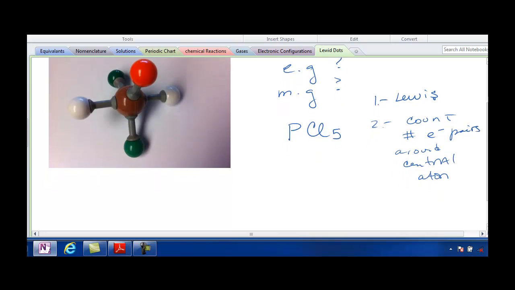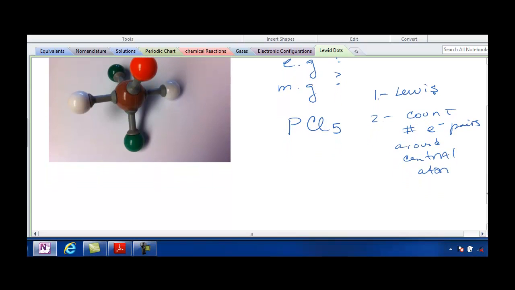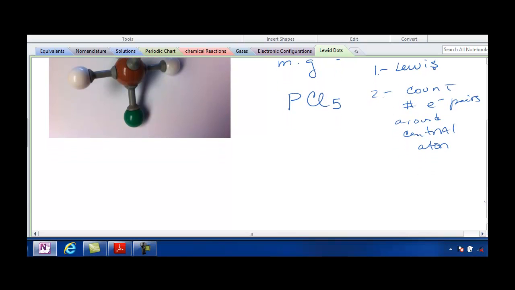Okay, and if the count was 2, it's linear. If the count was 3, it's triangular. If the count was 4, it's tetrahedral. So we'll see what this looks like. I have PCl5, and I'll just slap them any which way they may.